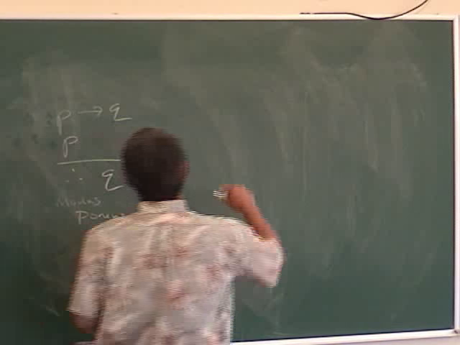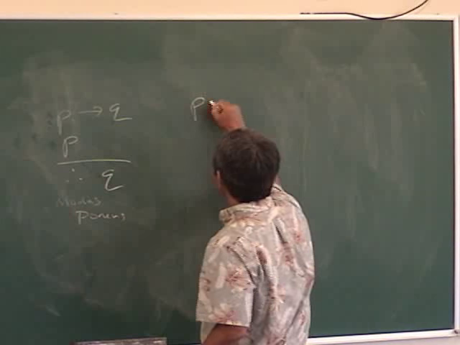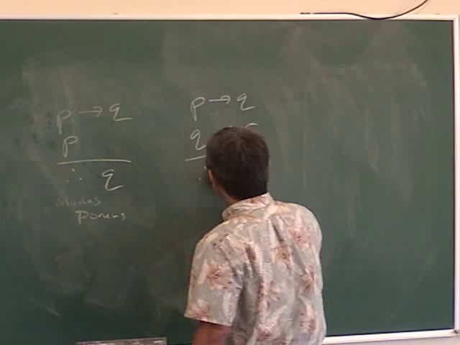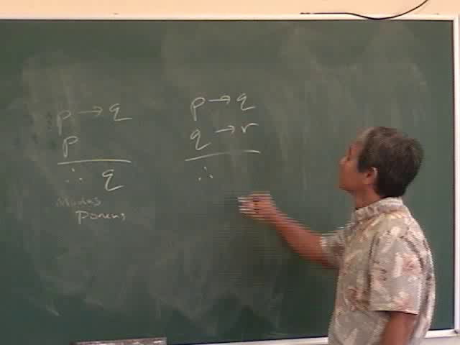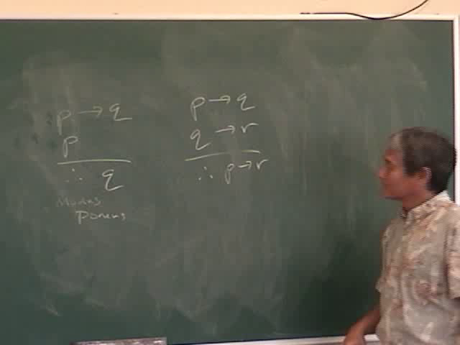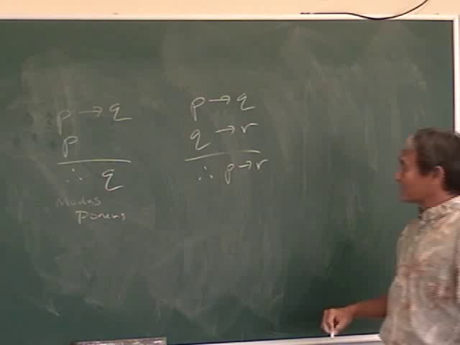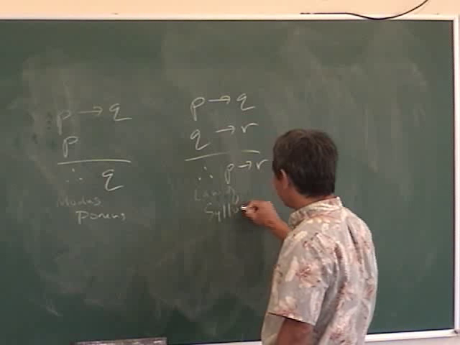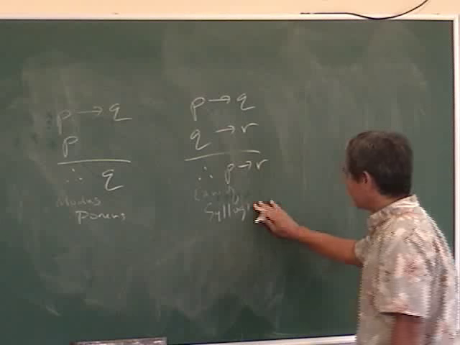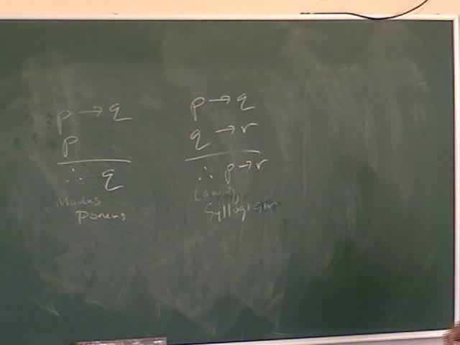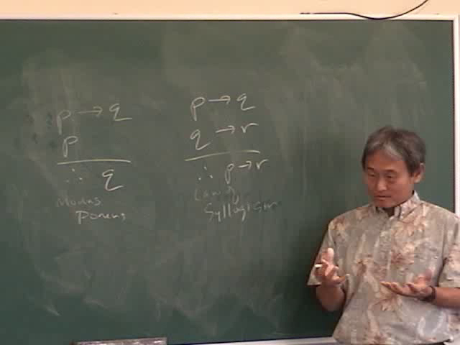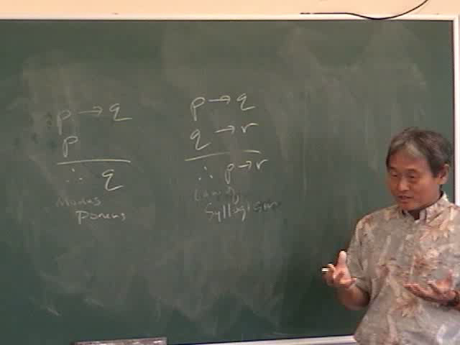The next most famous argument in logic is this. P implies Q, Q implies R. Therefore, P implies R. This is called the Law of Syllogism. Oh, okay, now, using these 2 valid arguments, now we can deduce logical conclusions if we're given some premises.